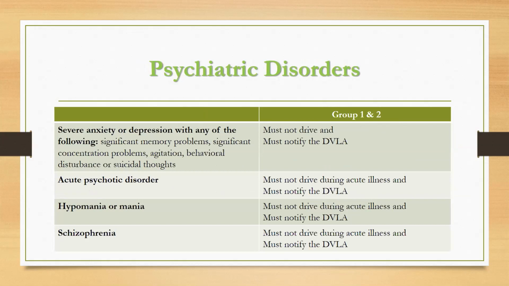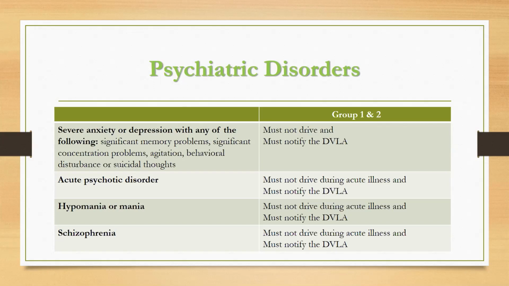So we start with severe anxiety and depression with any of the following symptoms: significant memory problems, significant concentration problems, agitation, behavioral disturbance, or suicidal thoughts. The patient should notify the DVLA and should not drive, and then DVLA will let them know if they will be eligible for driving later or not.